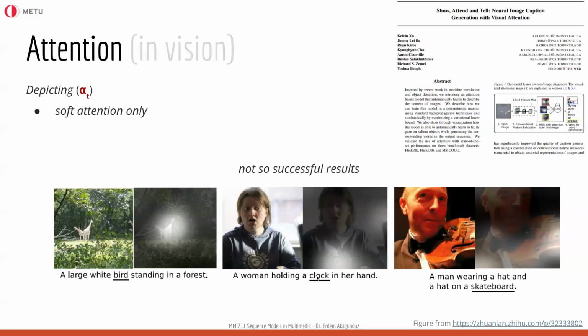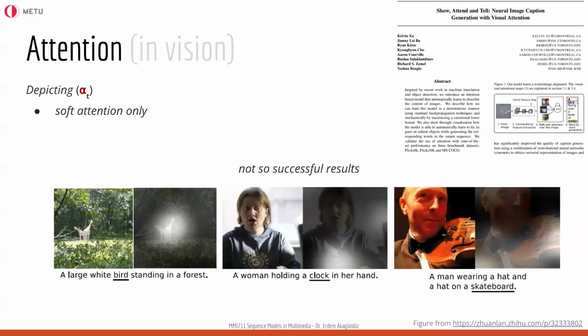A woman holding a clock in their hand. So this is the arm. Maybe the model thought that this was the extension of the arm, and this is a big clock. But not bad, because without the alphas depicted on the image, I would have difficulty understanding why this caption was created as a woman holding a clock in her hands.